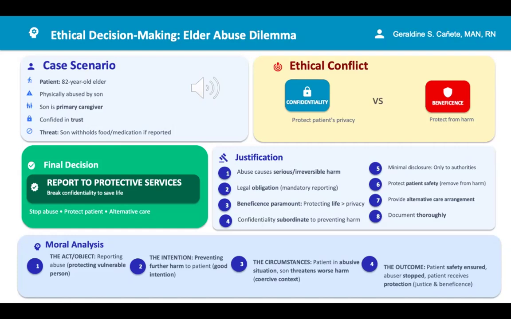No? This is actually a very difficult and emotionally charged situation. What do you think are some strategies that you can use to cope with the stress and moral distress of reporting elder abuse? Remember, you will be the one to report and document. So, for sure, you will be experiencing so much stress and moral distress.